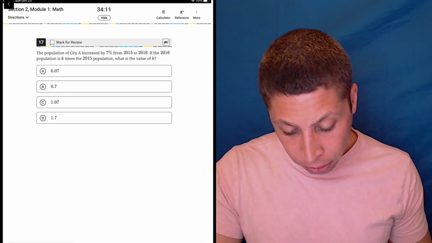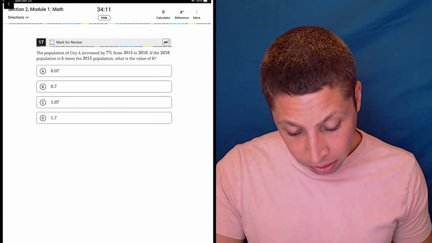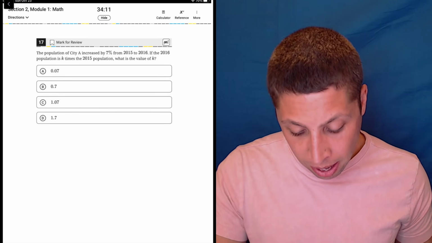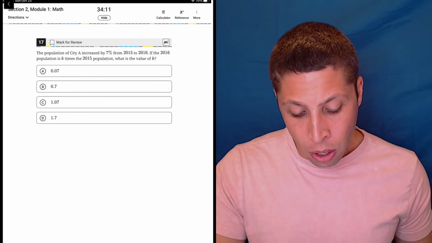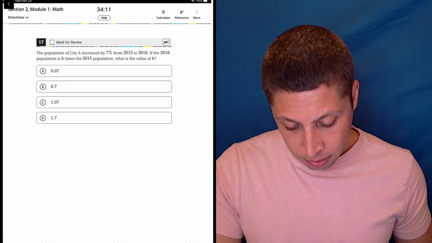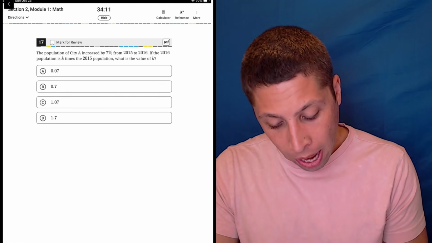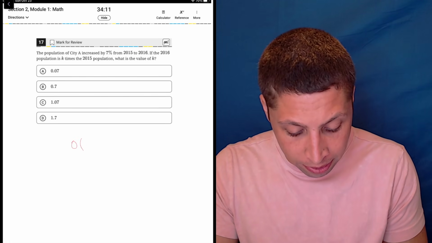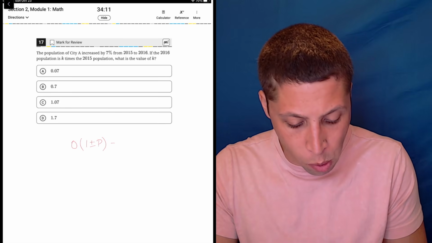The population of city A increased by 7% from 2015 to 2016. The 2016 population is K times the 2015 population. What is the value of K? Okay, I think I've got this, but I'm going to use my formula here again. This time there's no exponent because it's only happening once.